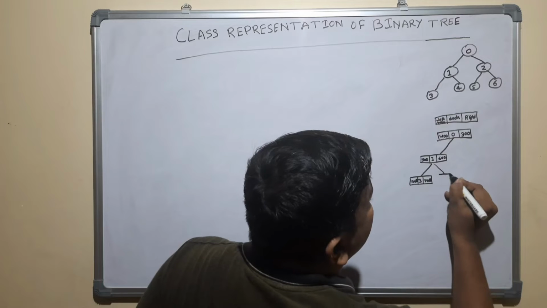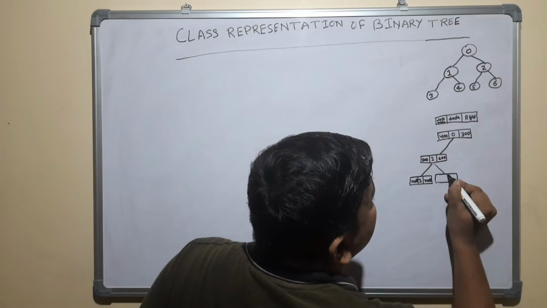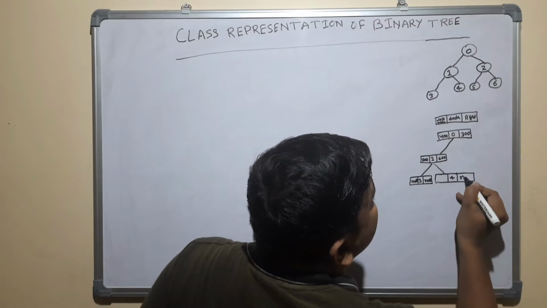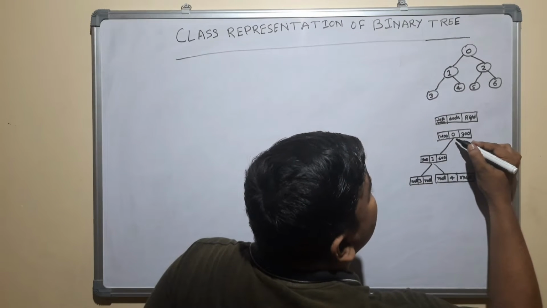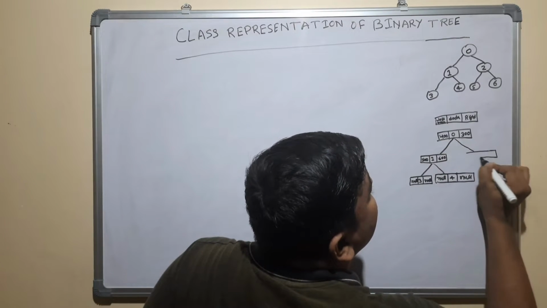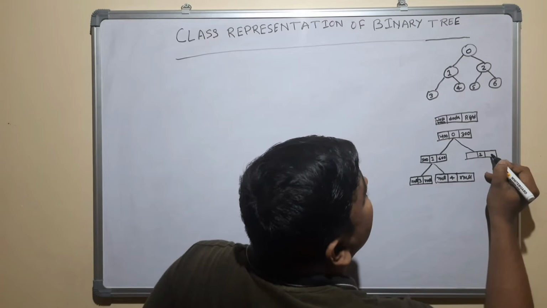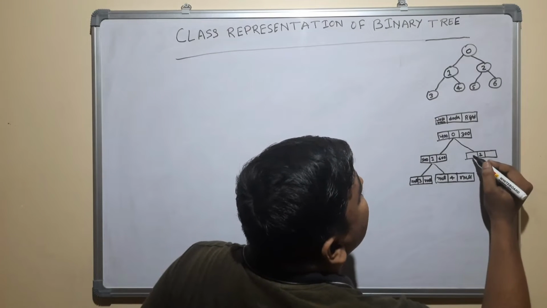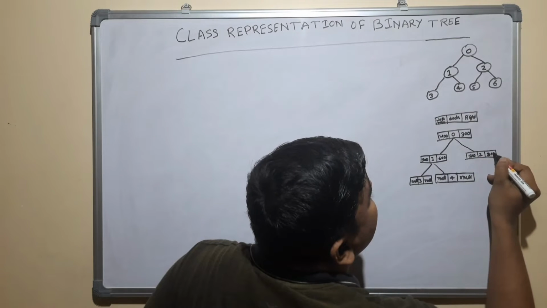You can see here 4 and right is null. Now this is the root. Here data is 2, and suppose the left child address is 700 and the right child address is 800.